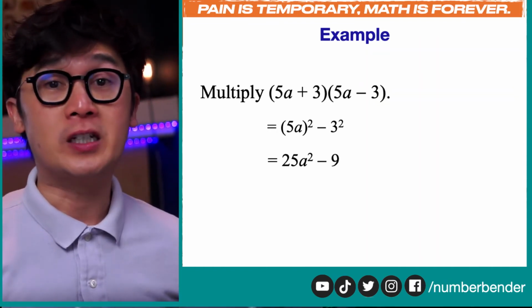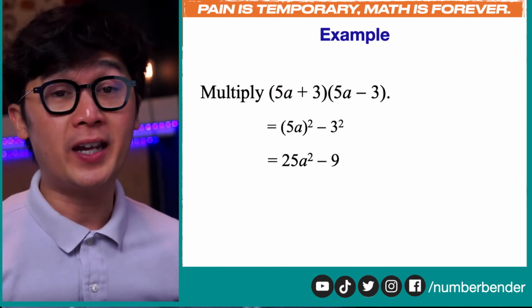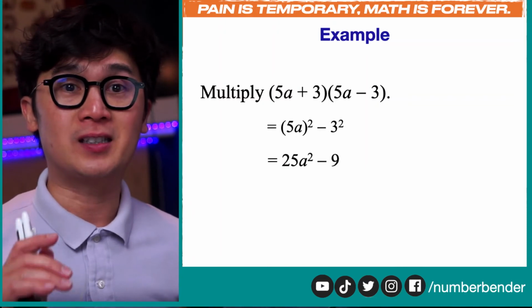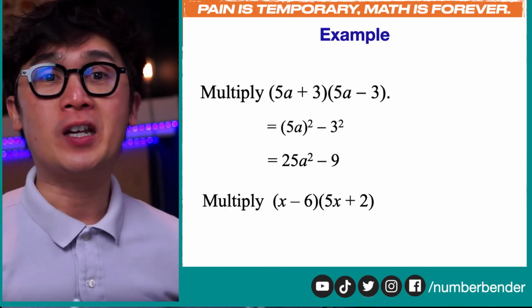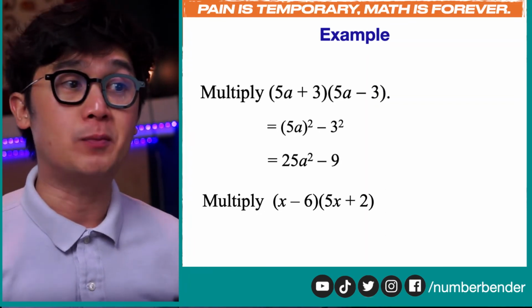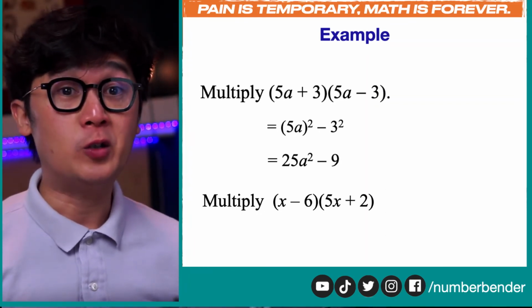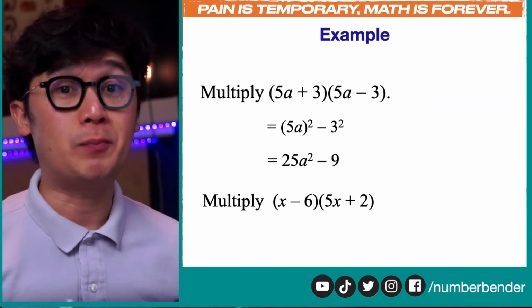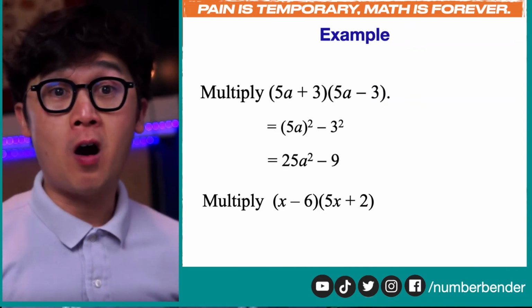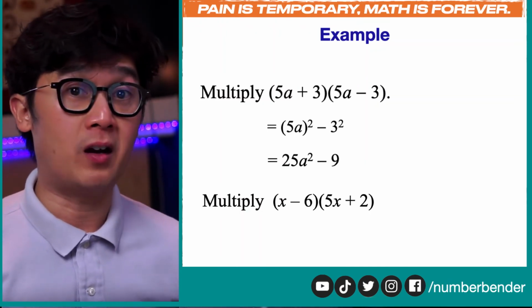So remember, you just need to make sure that your binomial qualifies for those special cases so you can use this method. Let's see if we can use any of the special methods that we have for x minus 6 times 5x plus 2. And we know that we cannot use those special cases because they don't fall under the sum and difference formula or the square of a binomial.